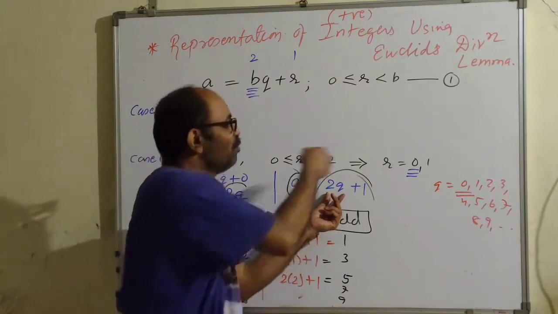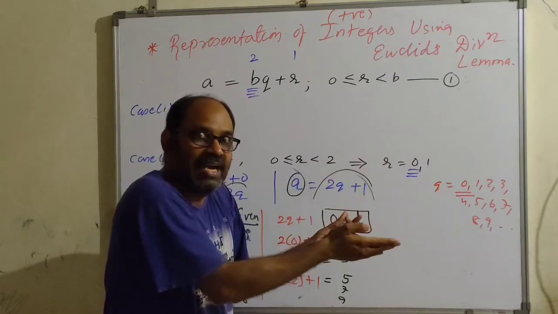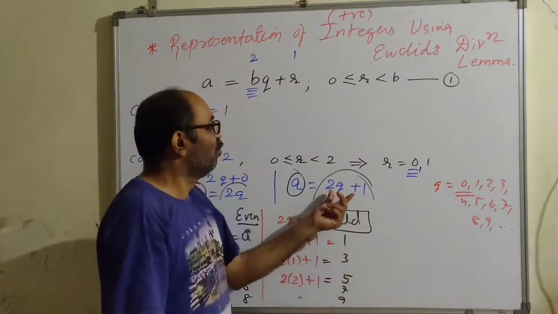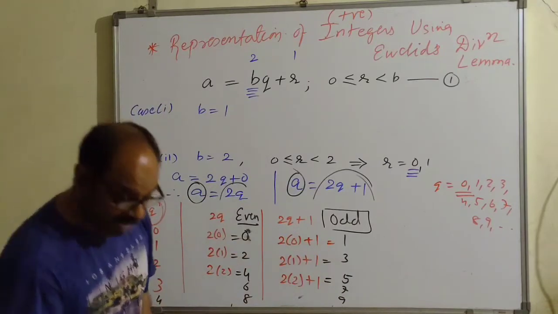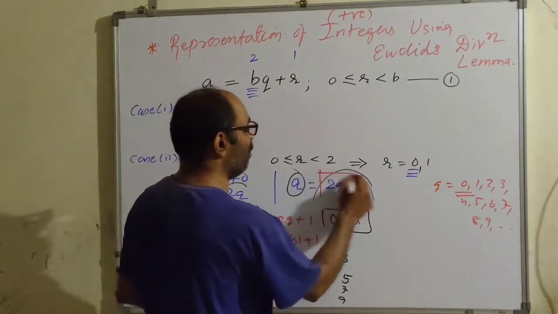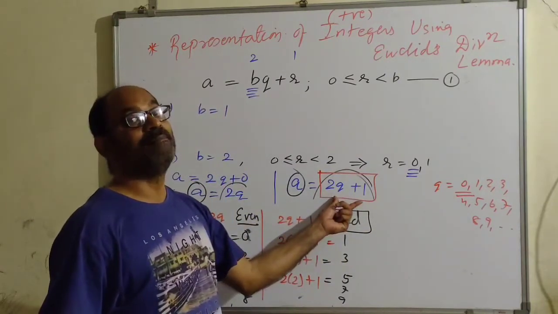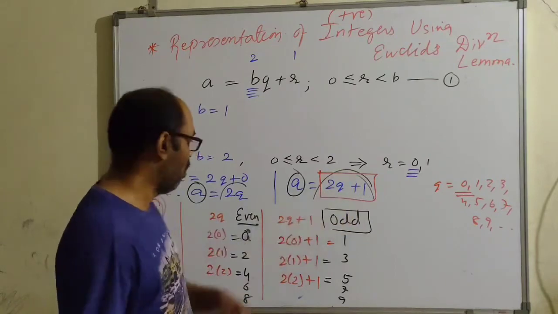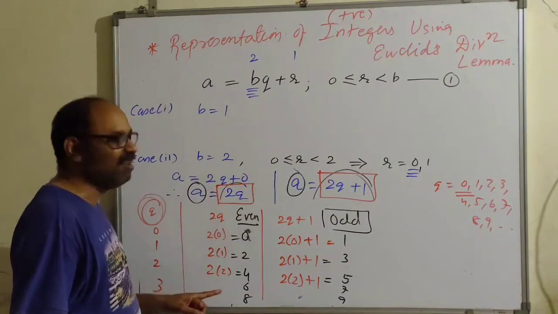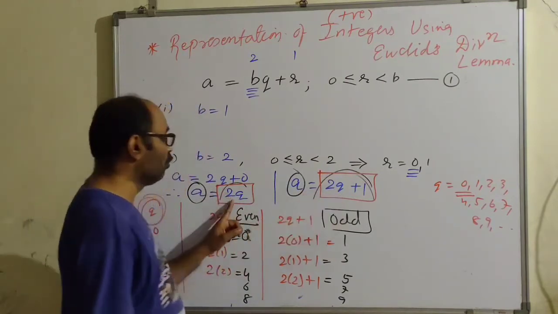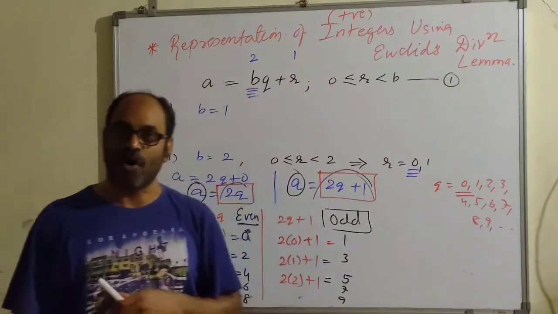If you add 1 to 2Q, you get 2Q plus 1, and when you add 1 to an even number you get an odd number. So 2Q plus 1 is the basic expression to show that the integer is odd. 2Q represents an even number and 2Q plus 1 represents an odd number.